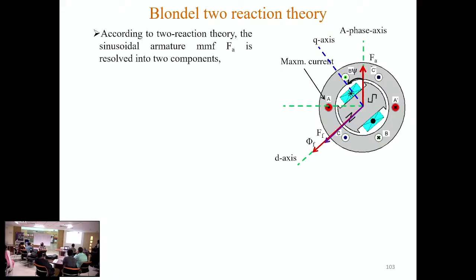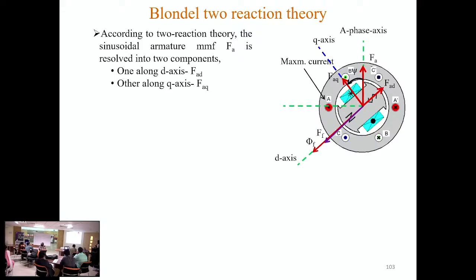So first of all, according to this two reaction theory, this FA will be resolved into two components. One along the D axis, that is FAD, the D axis component. Another along the Q axis, that is FAQ. You can see that whatever the position of this rotor, the reluctance seen by FAD is constant and minimum, since it is for the minimum air gap length.